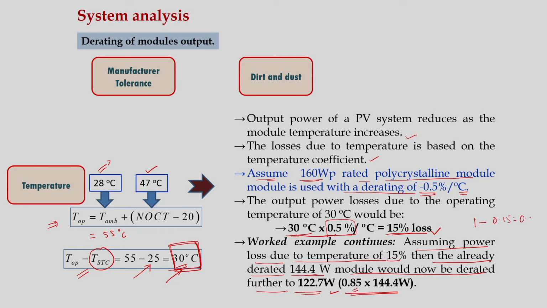So, this is the loss. If we deduct this loss from 1, what we get is an efficiency. That way we can calculate how much energy will be derated.